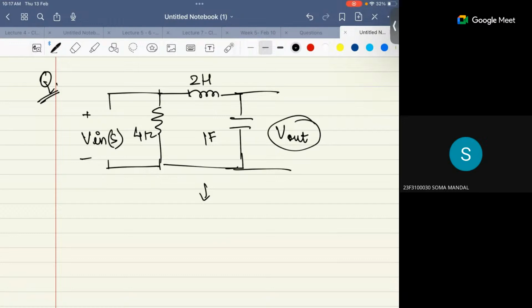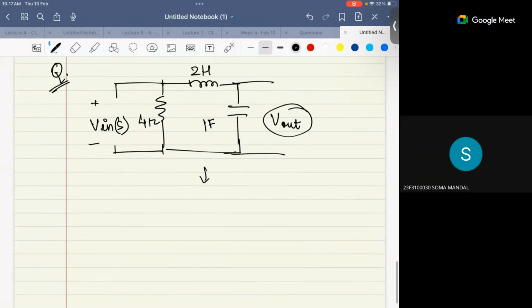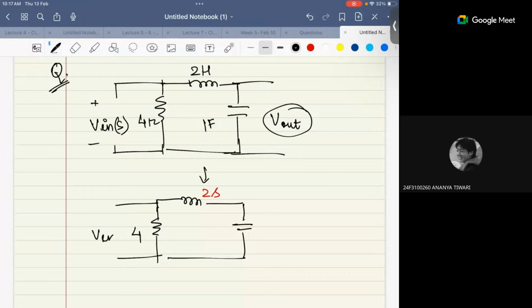So now it's very simple. If you don't have the initial condition, you can directly convert it. Resistance will be the same. For the 2 Henry inductor, what can I write in the Laplace or s domain? 2s. Similarly, for the capacitor we can write 1 upon s.